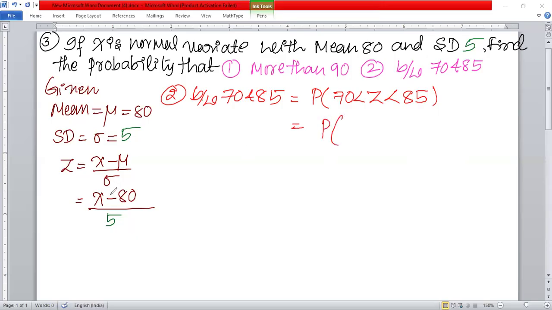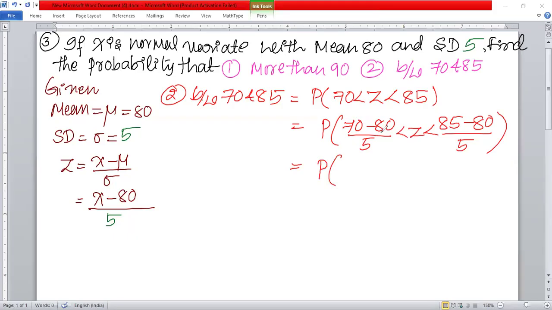We need to substitute: 70 minus 80 divided by 5 less than Z less than 85 minus 80 divided by 5. That is 70 minus 80 is minus 10, minus 10 by 5 is minus 2, less than Z less than 85 minus 80 is 5, 5 by 5 is plus 1. So we got minus 2 and plus 1.